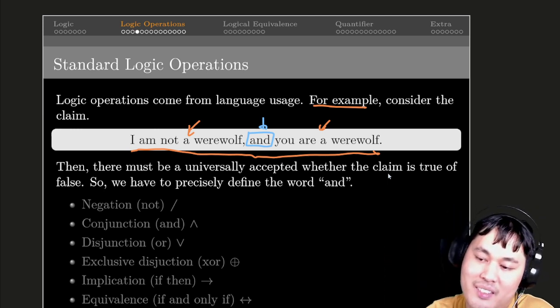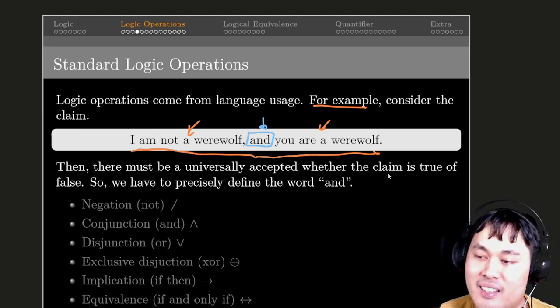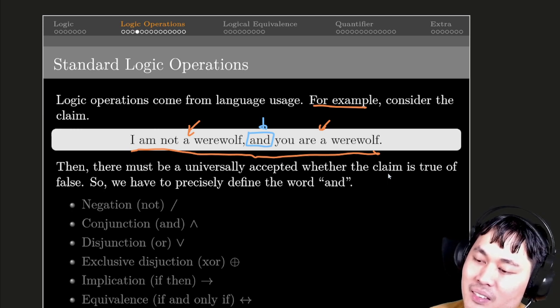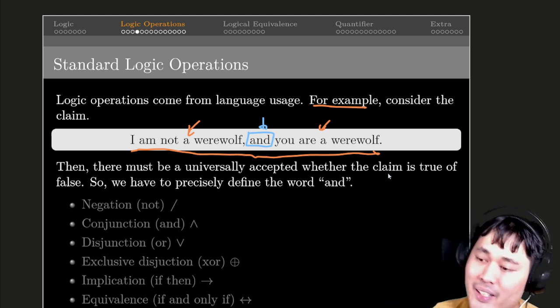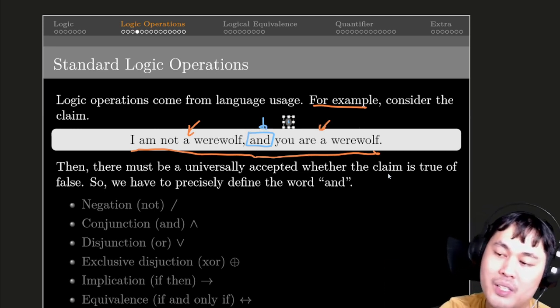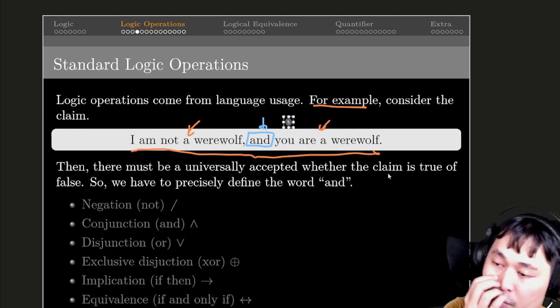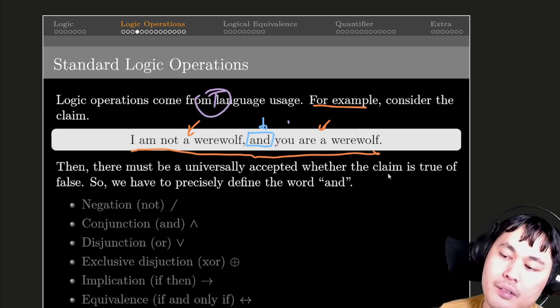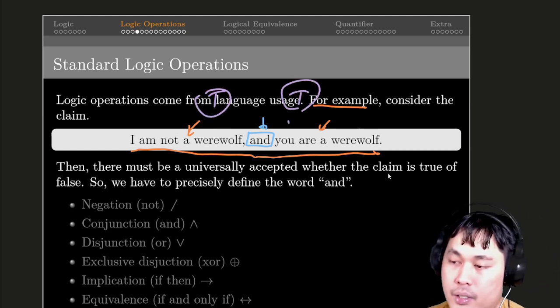Again, you can see this is an English part and not a math part yet. But you understand this statement, right? When I'm claiming two things and connect them with the word "and", I'm claiming that the first sentence is true and also the second sentence is true.